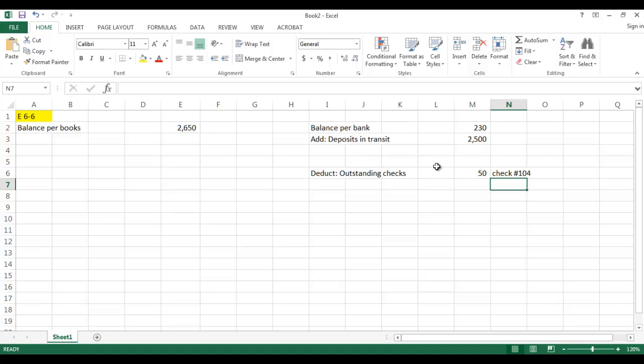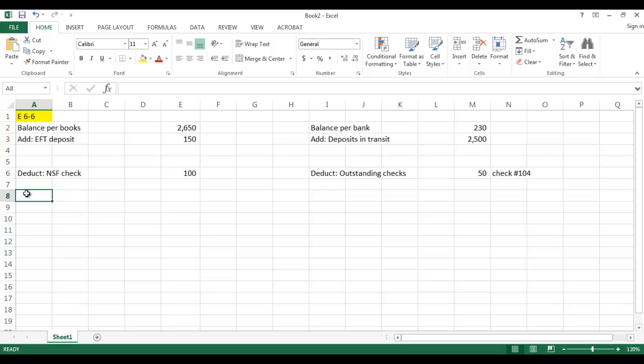The NSF check, we wouldn't have known that it bounced, and the electronic funds transfer deposit was collected by the bank on our behalf directly from our customer. So over here on the book side, we want to add the EFT deposit or collection in the amount of $150. And down here we want to deduct that NSF check, and that was $100.